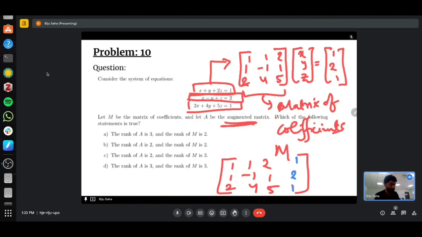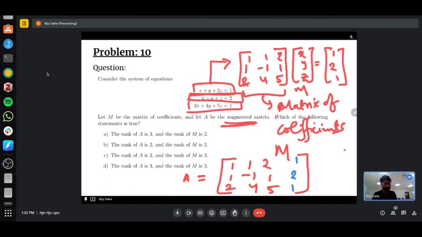You concatenate the constant vector as a column of the original matrix. So we could do this. This is my augmented matrix actually. This particular thing is my M. This is the matrix of coefficients, and this is the augmented matrix.